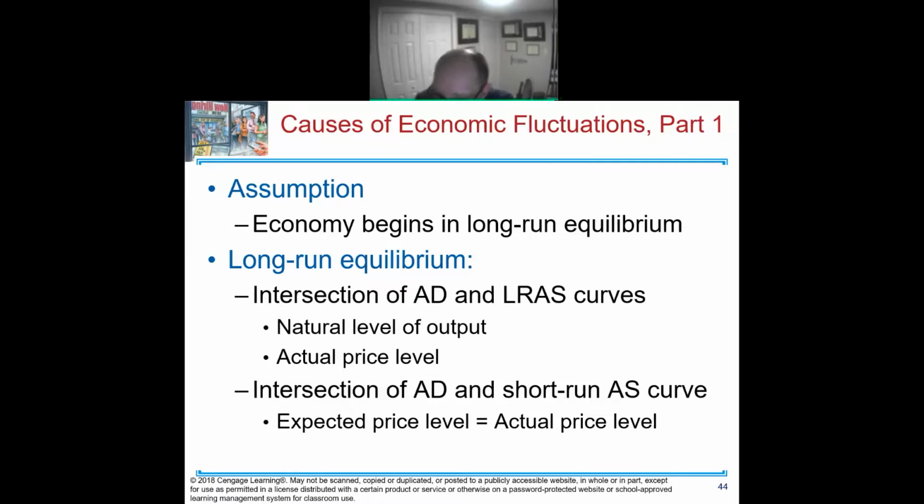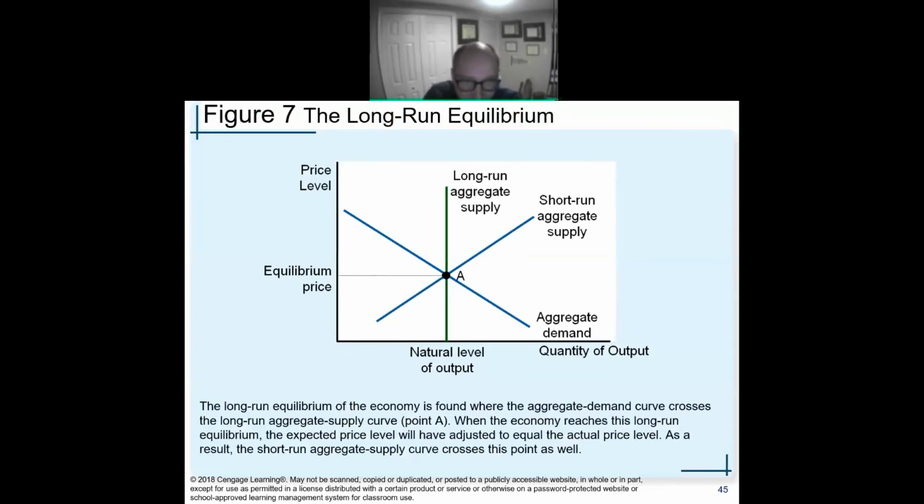That's what equilibrium means. There will be a point of natural level of output and a point of actual pricing. Where the two intersect, it's when the expected price level equals the actual price level. Does it happen? Yeah, sometimes. This is what it looks like graphically.